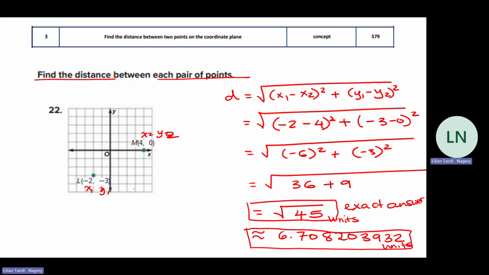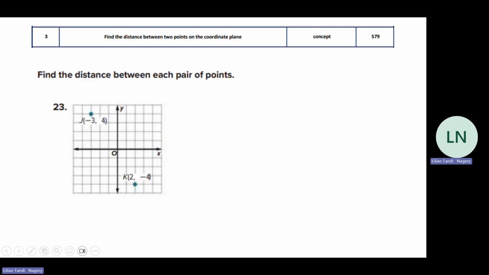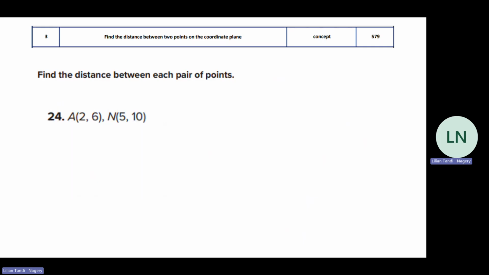Okay, the rest you should try by yourself. Same thing here. Now it is not on a coordinate plane, you just label x1, y1, x2, y2, because it told you to find the distance of the pair of points. Once you do that, you're going to do d equals square root.